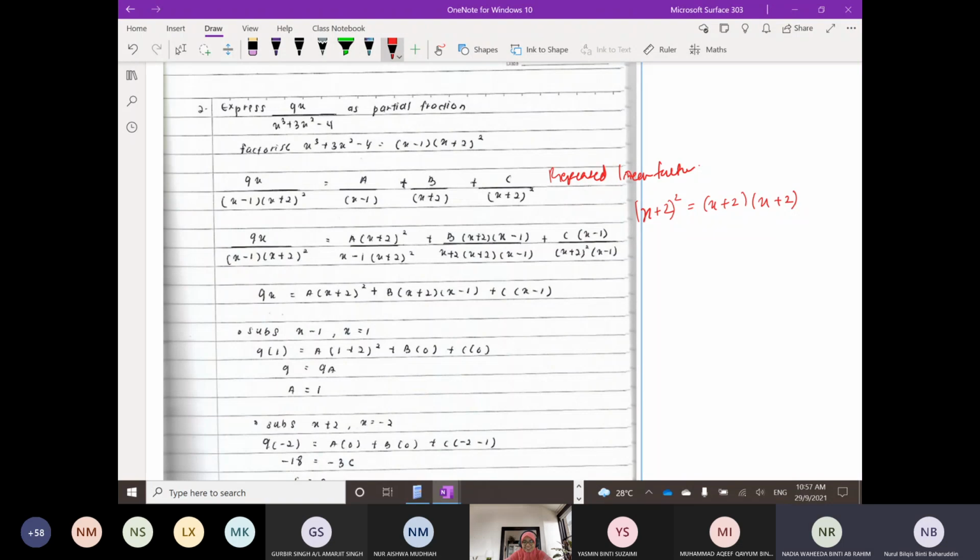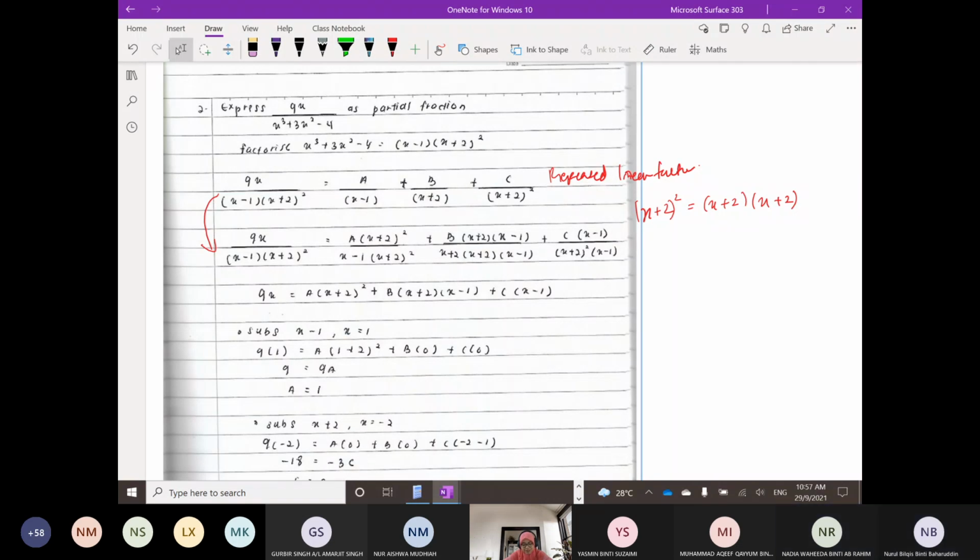What we need to do? Yang ABC tu kita nak gantikan ke mana? Nadia, again, from here to here, what we need to do?